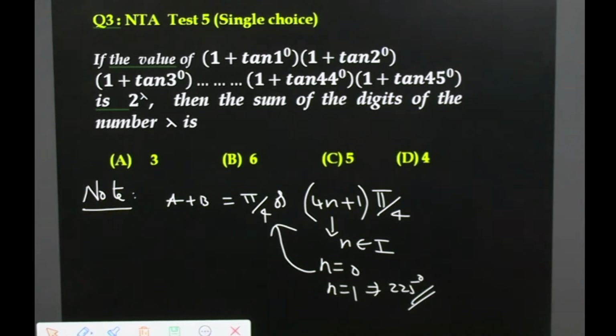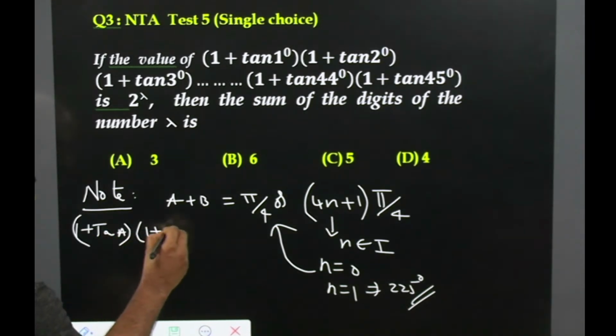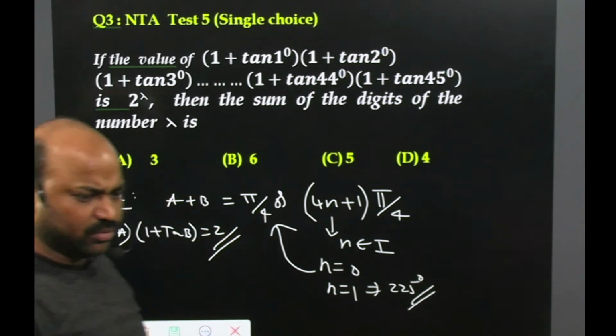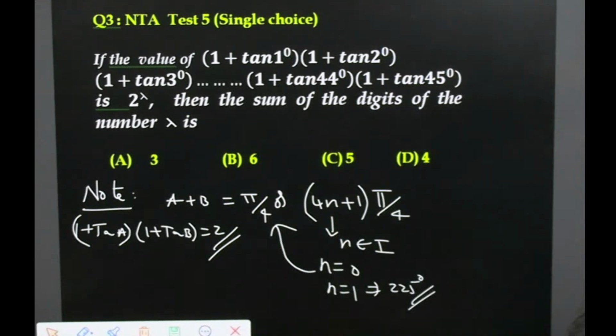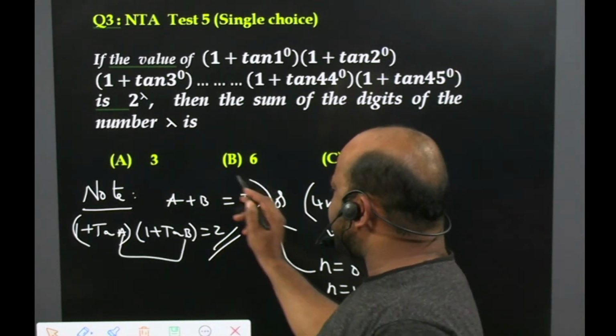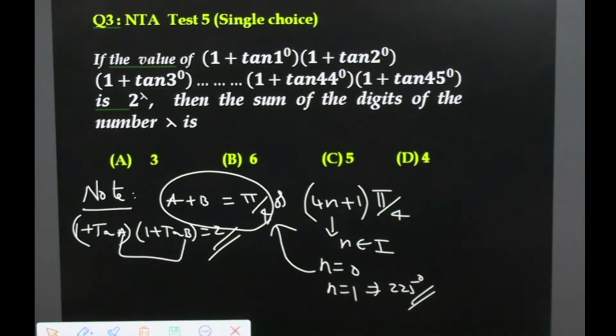When I have something like this, do you know what the value is? Remember all of you, 1 plus tan A into 1 plus tan B is always equal to 2. That's the value. Important point to be remembered. You have to get pairs of angles whose sum is pi by 4. Can you collect all the pairs of angles whose sum is pi by 4 quickly?